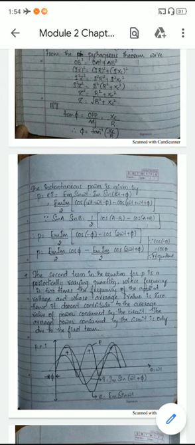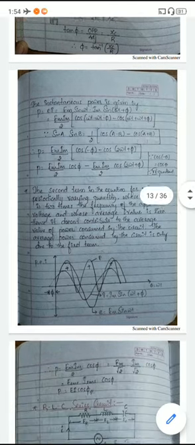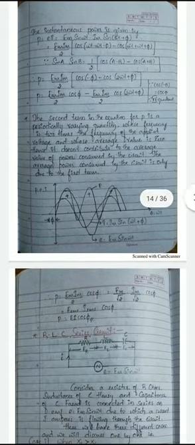Hence power equals only the first term, Em Im by 2 into cos phi. Written term by term, that is Em by root 2 times Im by root 2 cos phi, that is E RMS I RMS cos phi, which is nothing but EI cos phi.